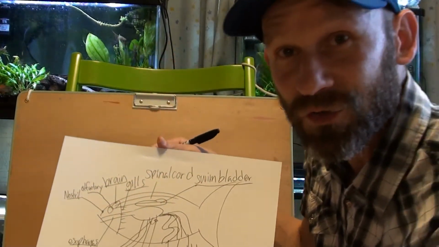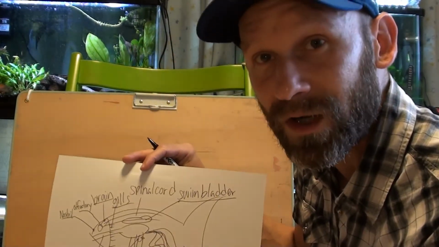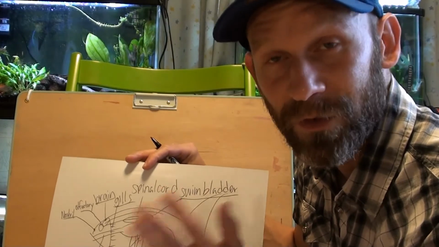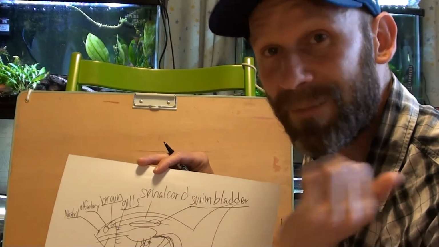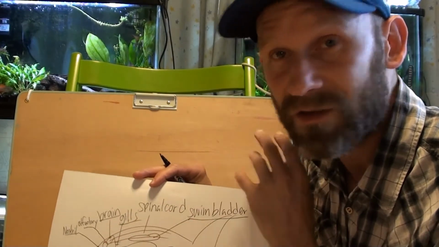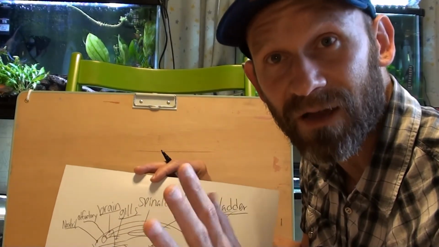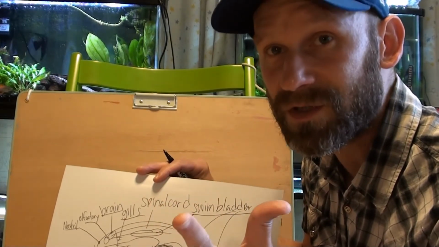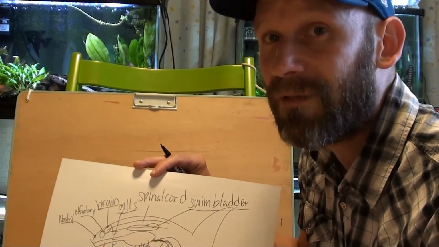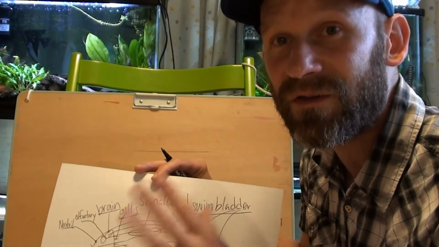It's not the greatest drawing. I'm sorry, this is not a work of art. It's not going to be in a museum. I picked out the basic parts of a fish. There are lots of pictures on the internet, and I didn't want to go through every single little part.